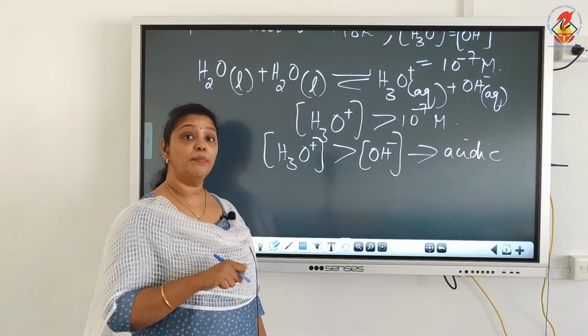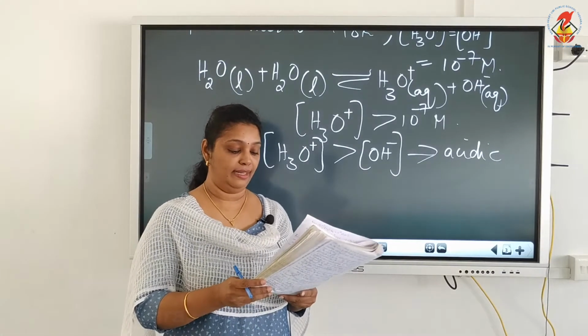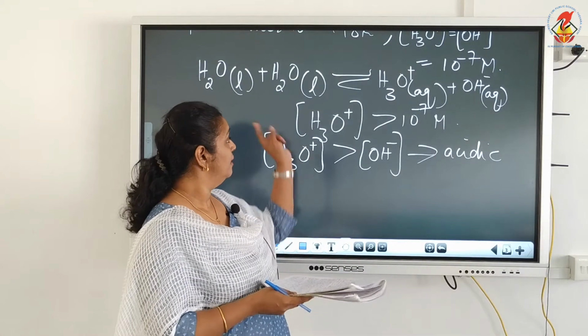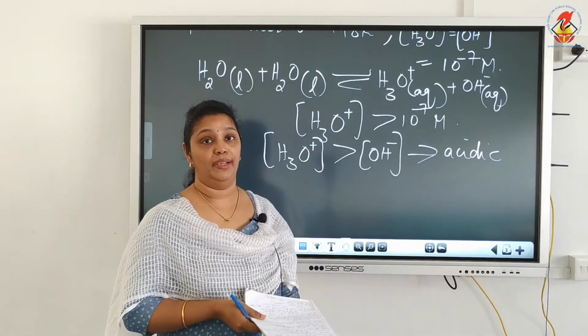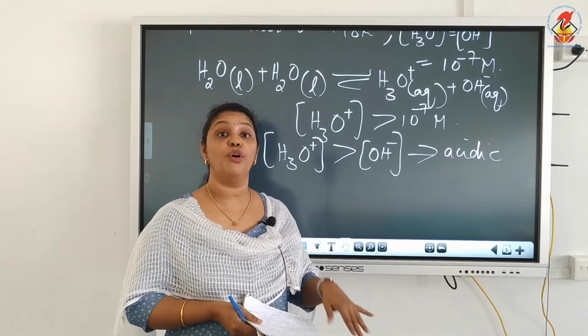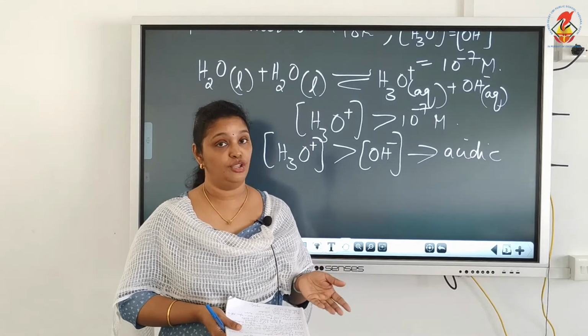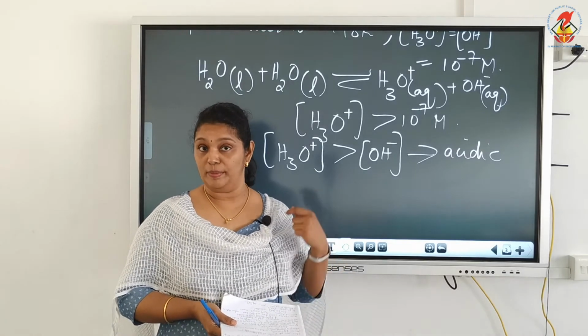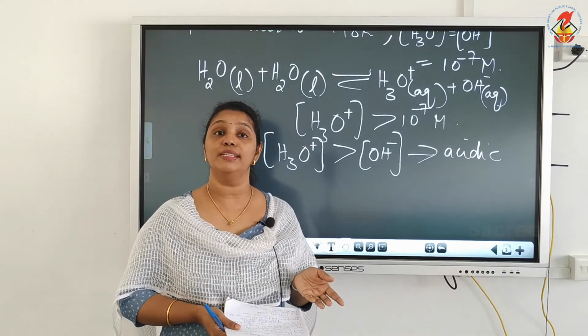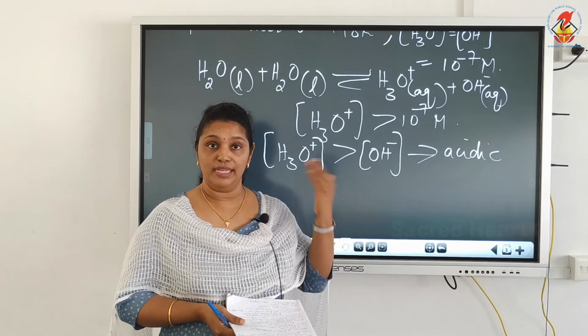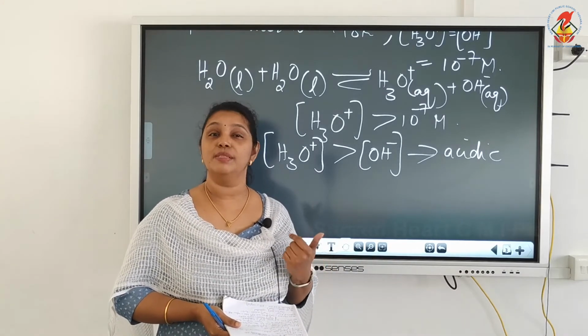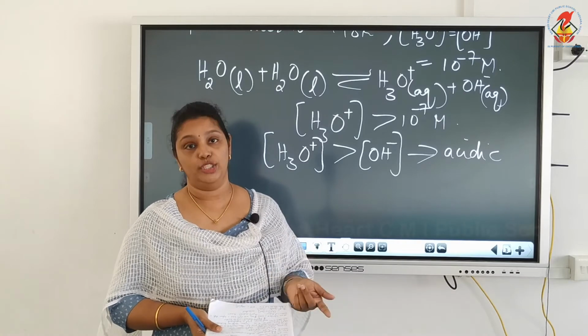Now, suppose I add alkali or a base to this reaction at equilibrium, then what happens? The concentration of OH minus ion will be greater than the concentration of H3O plus. Again the equilibrium is disturbed, so according to Le Chatelier's principle, the reaction will proceed in the backward direction, thus preventing the ionization of H2O.